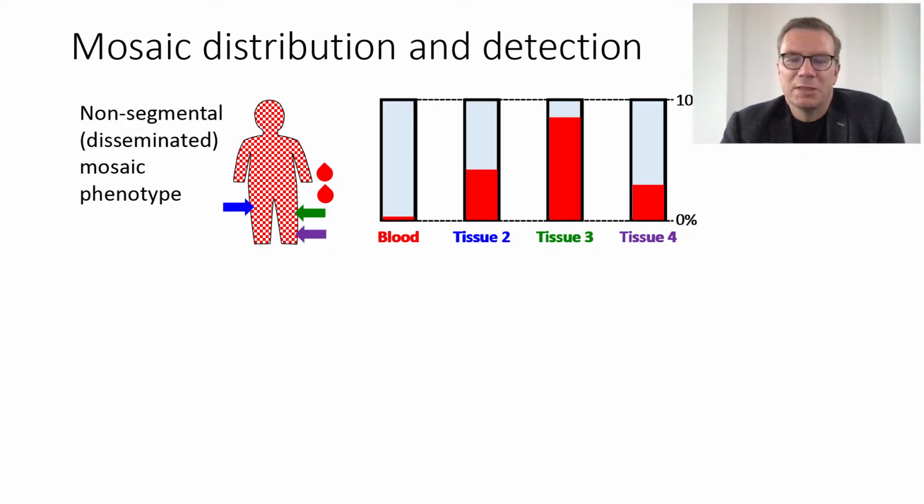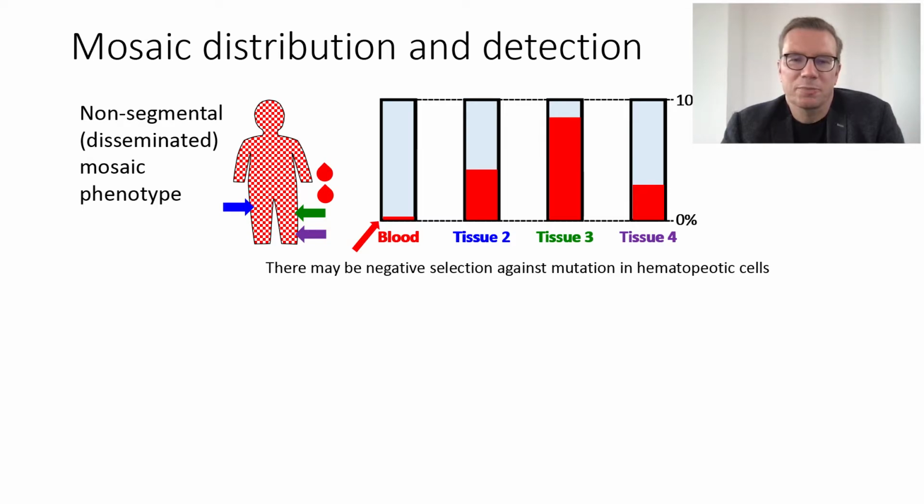Instead, there is often a very wide distribution of mosaicism among different tissues. And for some of these disorders I mentioned, especially the blood, the leukocytes, hematopoietic cell line shows a very low level or even absence of the mosaic mutation.